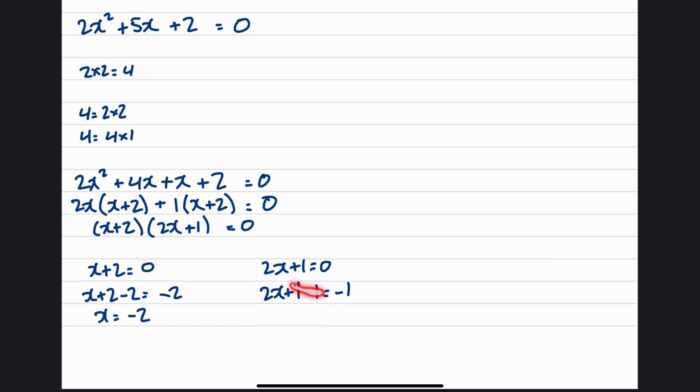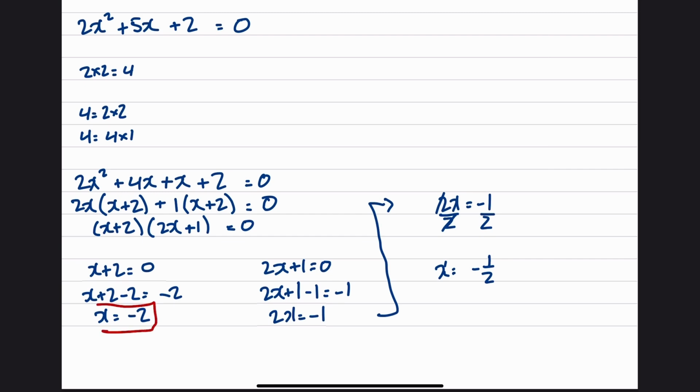And we can get rid of the 1's. So this becomes 2x equals minus 1. Now that we have 2x equals minus 1, we'll divide both sides by 2 to isolate our x. This side gets cancelled out, so what we're left with is x equals minus 1 over 2 as our other answer. And these two values will be our answers.